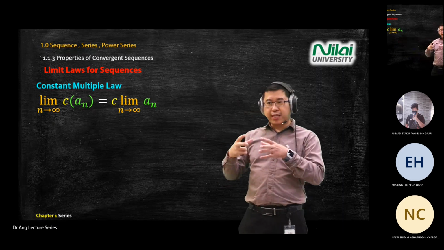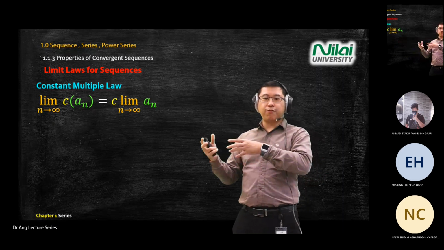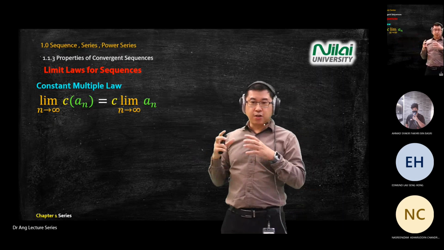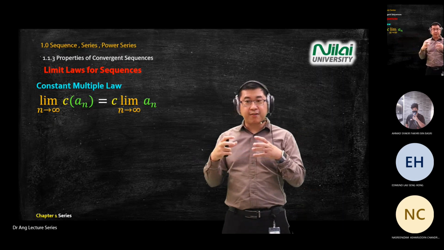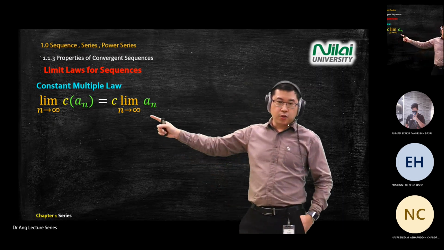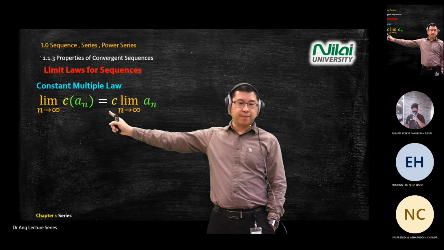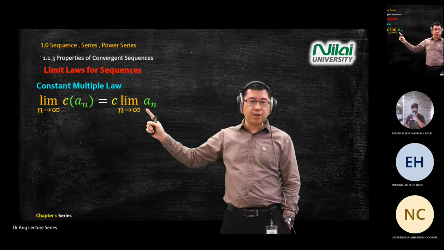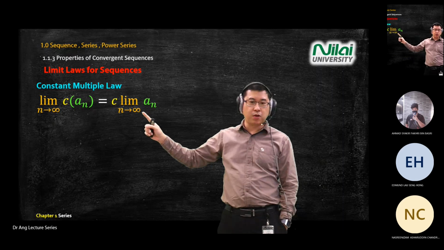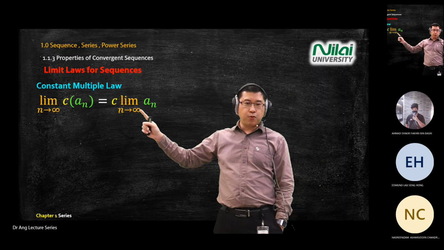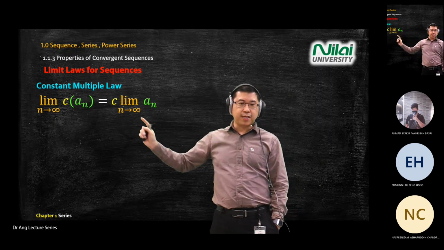For example, your data is 1, 2, 3, 4, 5, and c is a constant value. You want to magnify this data, so you can pull the c from inside to outside. This is the constant multiple law.